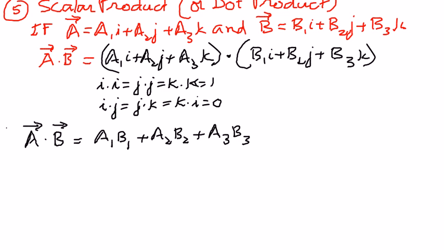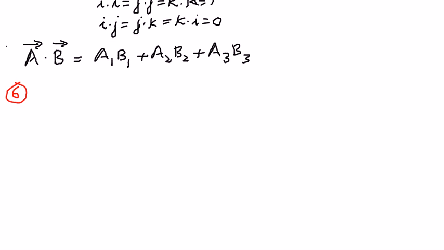Therefore, the dot product between two vectors can be written out as the sum of the products of the corresponding components of those vectors. So that is the property.